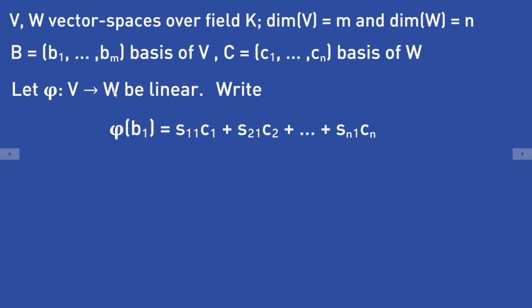You have to do the following thing to calculate the matrix representation of phi with respect to B and C. You have to write phi of B1 as a linear combination of the basis vectors in the basis C. So you write phi of B1 as S11 times C1 plus S21 times C2 plus and so on plus Sn1 times Cn.